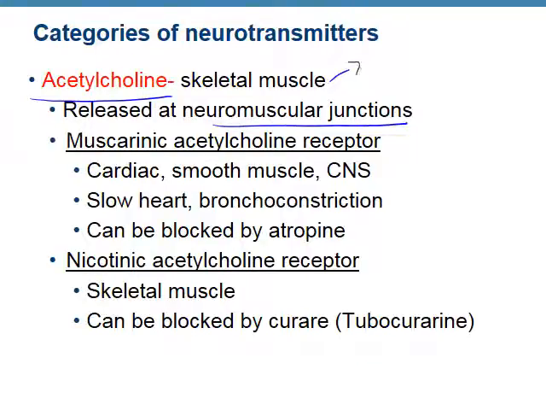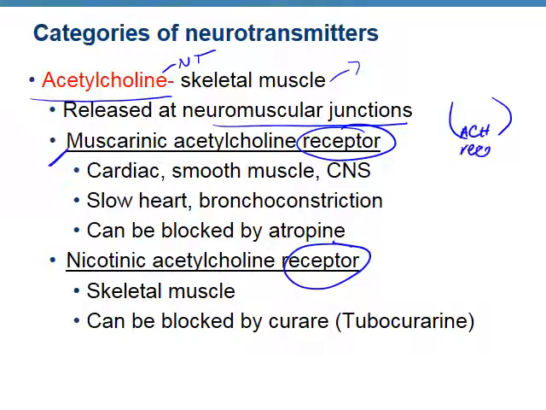We think about skeletal muscles when we think about acetylcholine. But we also have receptors. So now I'm talking about the receptors. This is the neurotransmitter. Remember we had the acetylcholine receptor, and what bound to the acetylcholine receptor was the neurotransmitter acetylcholine. So the receptors here, these are found in muscle.